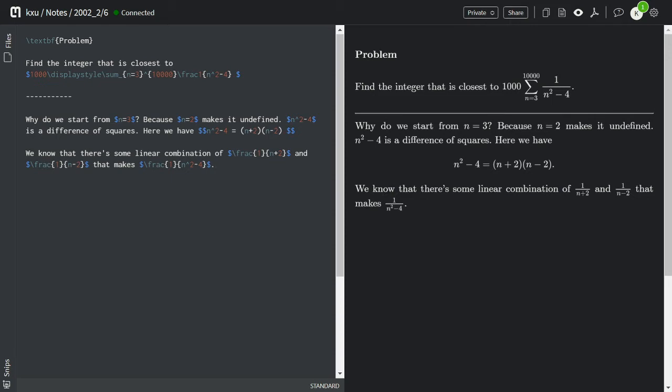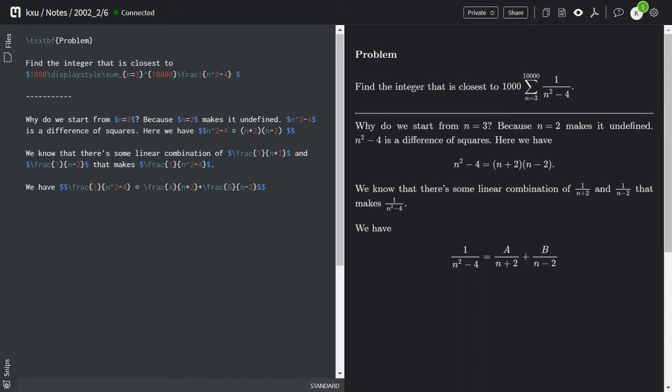So how do we find this linear combination? What we do is, of course, use some algebra. We have 1 over n squared minus 4 is equal to some a times 1 over n plus 2 plus b times 1 over n minus 2.